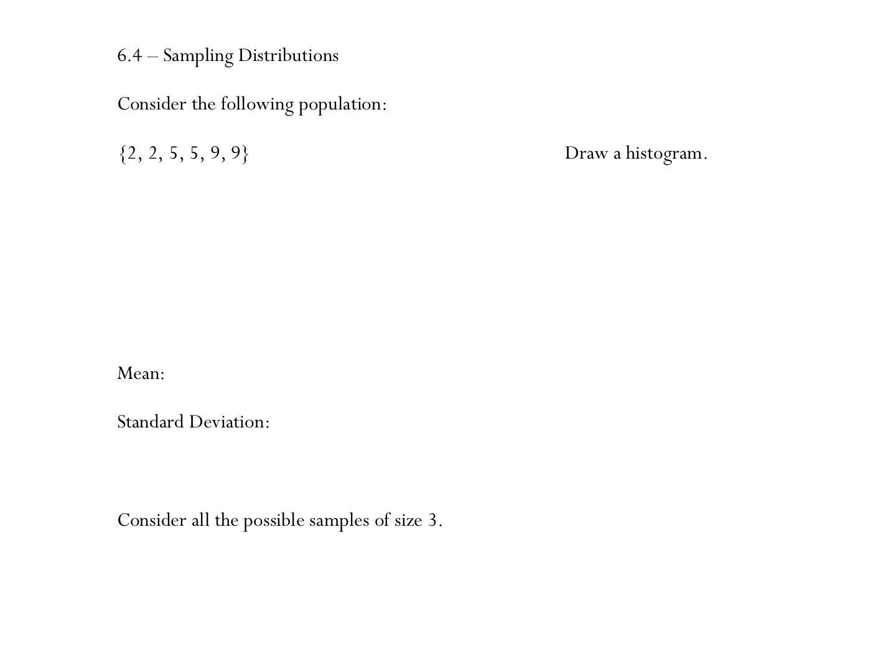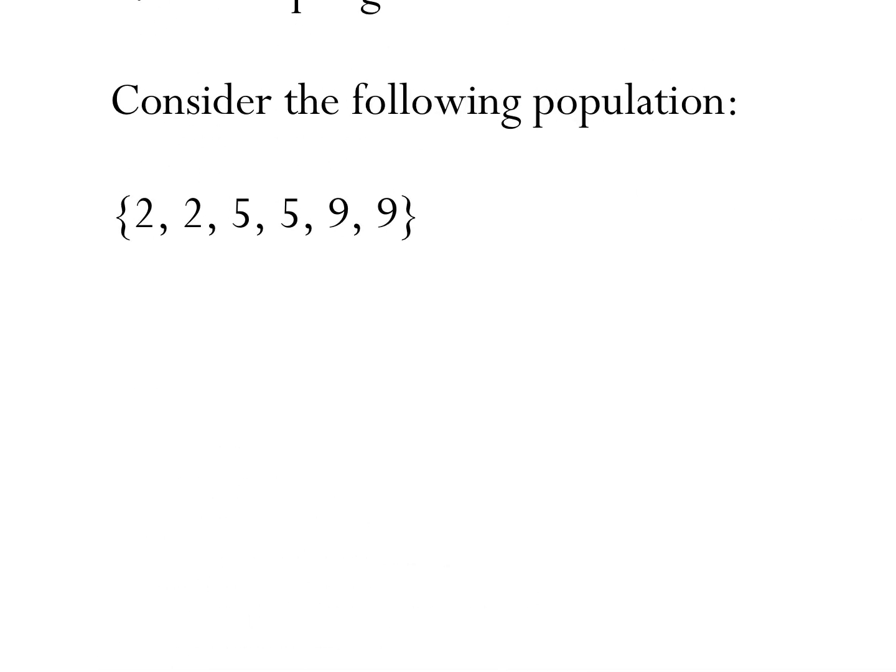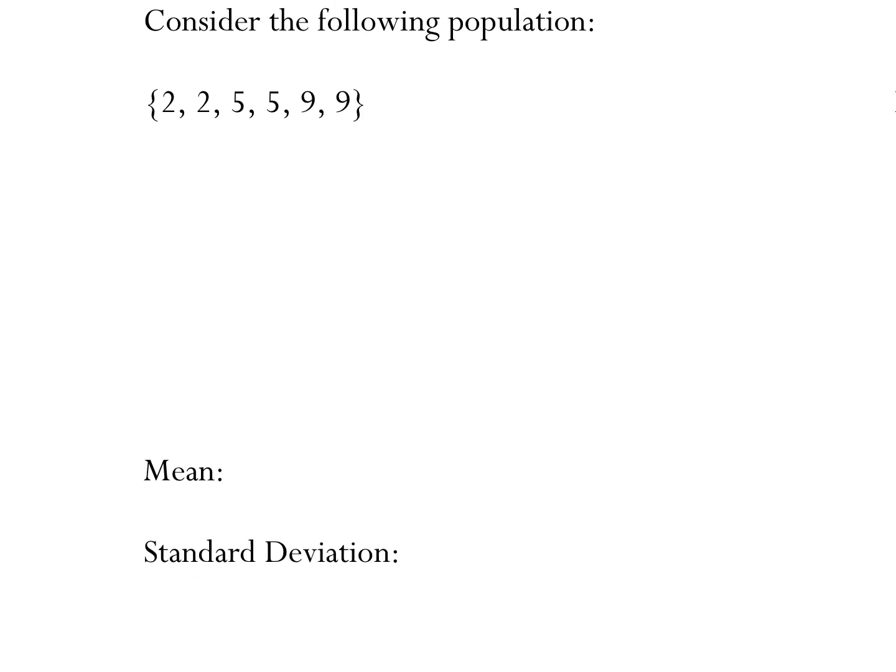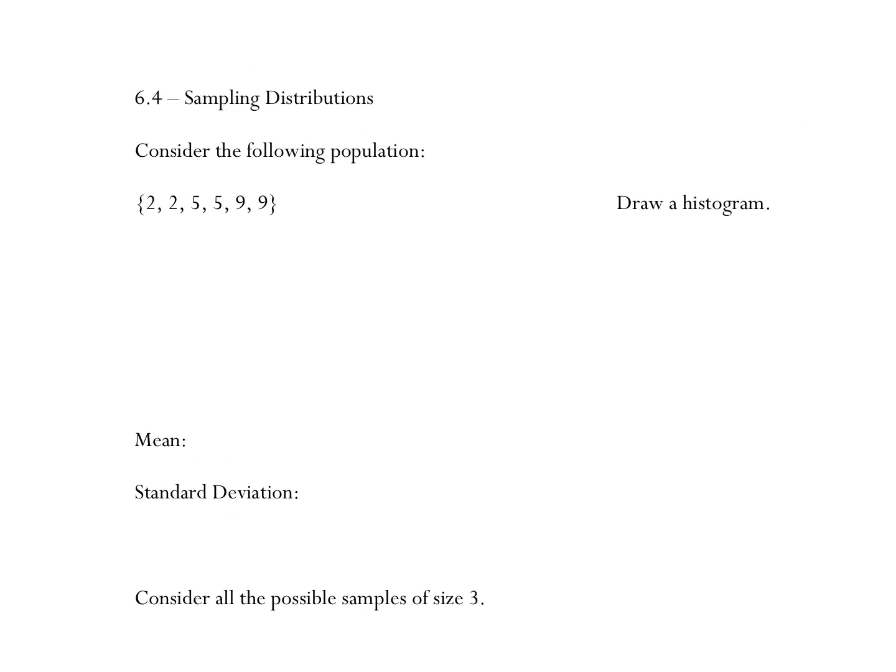We're going to start with a very, very simple population of 2, 2, 5, 5, 9, 9. We're going to draw a histogram. What's the frequency in our population for the observation 2?